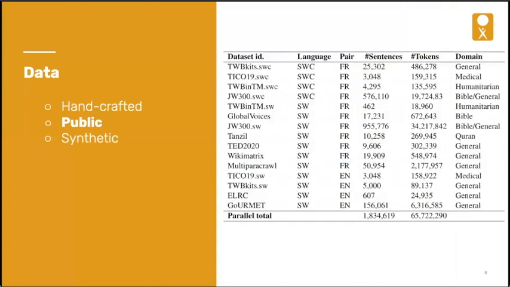Of course, this data wouldn't be enough at all, so we sourced all the data publicly available. The only dataset available for Congolese Swahili was the JW300 set. These are like Bible and general domain sentences, however, a good amount, like 500,000 sentences.